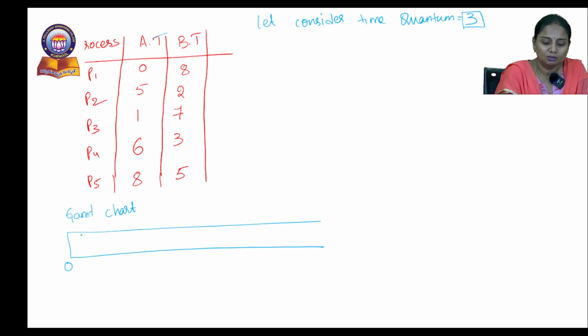Even though it is a round robin, first we start at time 0 and check the table for which process is available in the ready queue.